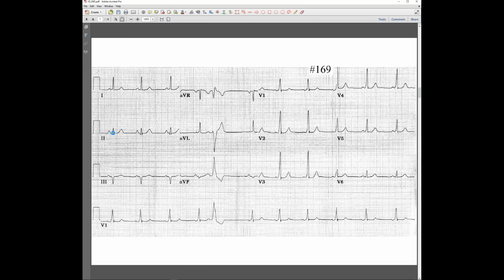You should look at all 12 leads, okay? In lead number 1, it very slightly started to increase. Let's see the baseline. In lead number 2, you see nothing. However, in V1, you do see something, okay? And in V2 as well, in V4, and in V3, okay? What can you see?